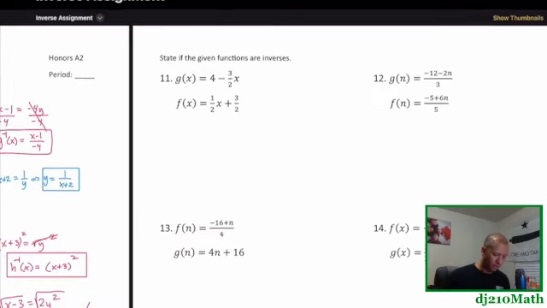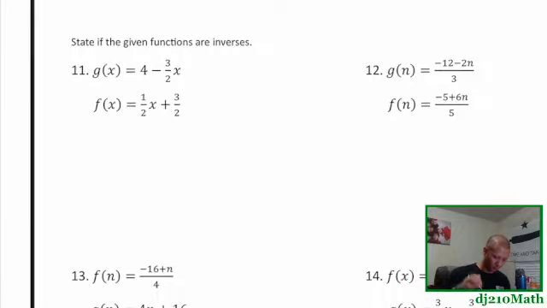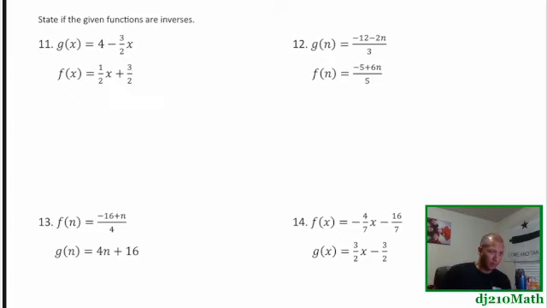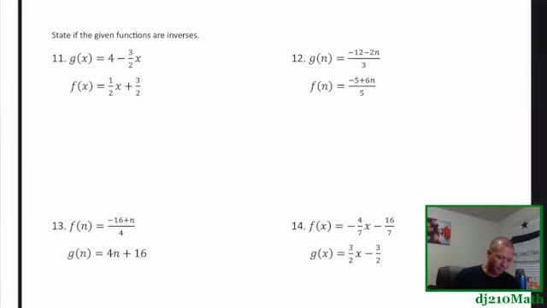All right, number 11. So actually 11 through 16. We need to state if the given functions are inverses or not. Let's keep in mind what it means for two functions to be inverses. We're going to compose each function with the other and hope for x.